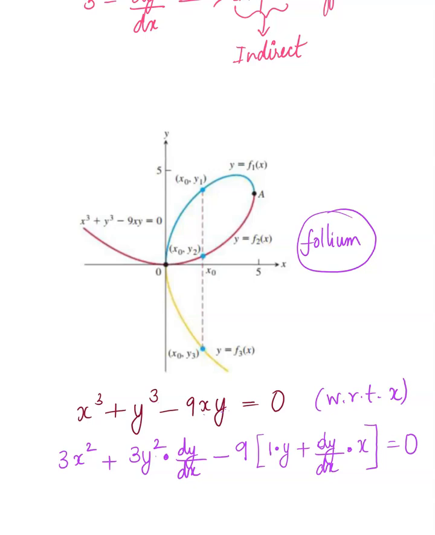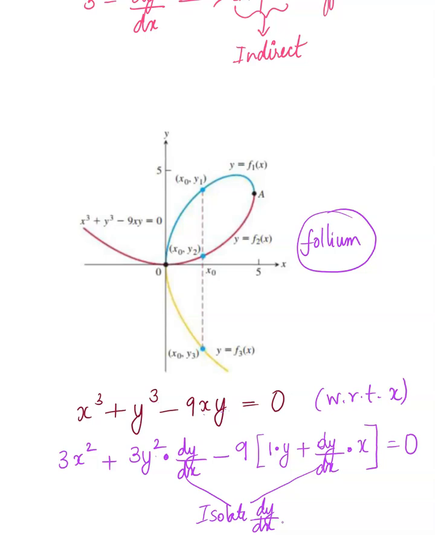We have in cases of folium where it's not a function but it's a useful curve, we do have this situation where implicit differentiation will help us to collect these terms that contain the dy over dx and isolate dy over dx, which is done fairly manageably as opposed to solving for y and then finding the derivative of y, which is going to be almost impossible in this case, meaning you just want to do things the easier way.